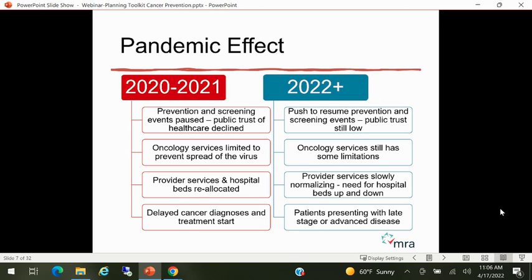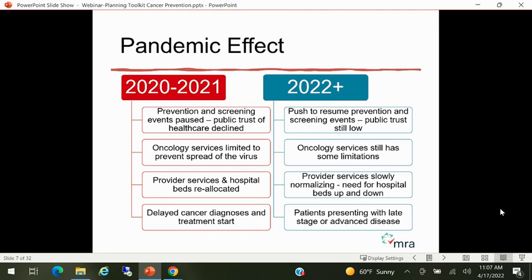As a result of that, and the result of all the media and the information surrounding COVID, public trust of healthcare has declined since that time. Our oncology services were limited in order to prevent the spread of the virus. Provider services and hospital beds have been reallocated, and we began to see a delay in cancer diagnoses and treatment start for patients who did not want to come in person to the facility. We also saw a spike in telehealth visits during that time.